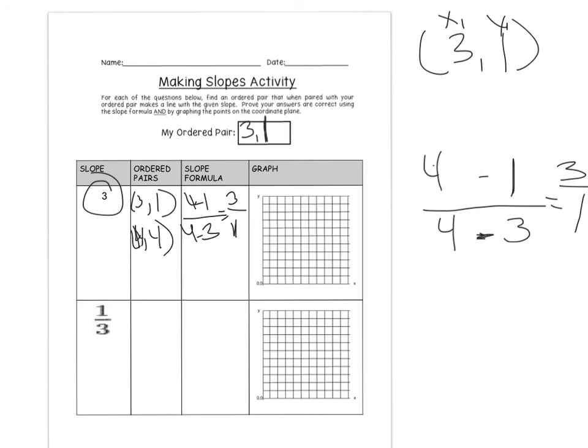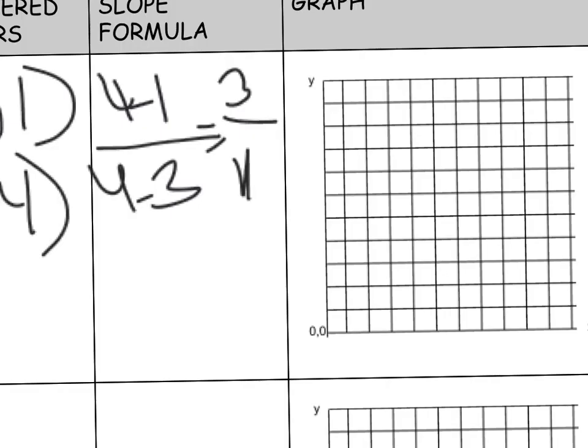Now I've done my slope formula, and the last thing I'm going to do is graph my ordered pairs. Okay, well, my first ordered pair is the point 4, 4. So I'm going to put this, let's see, 1, 2, 3, 4, and 1, 2, 3, 4. So my first ordered pair will go right here.